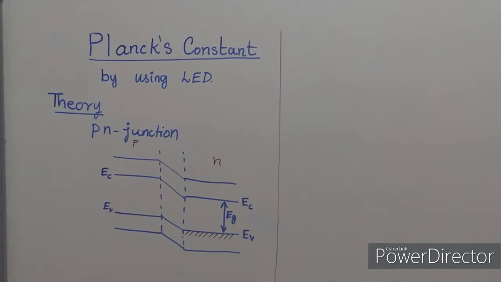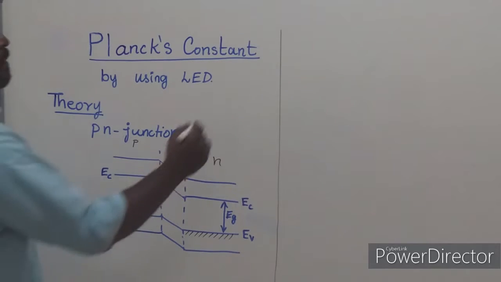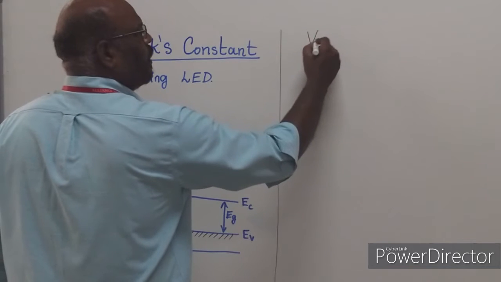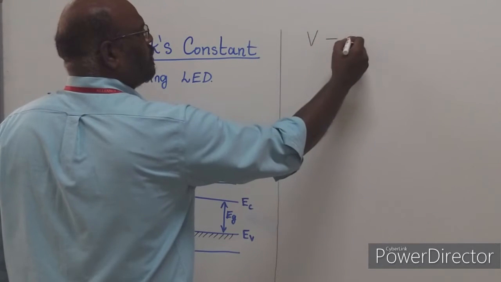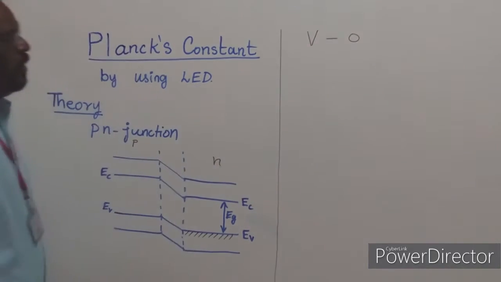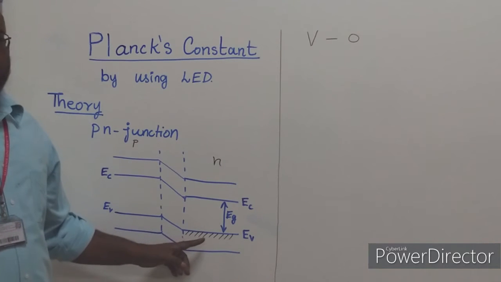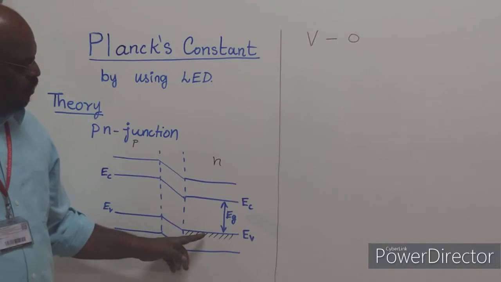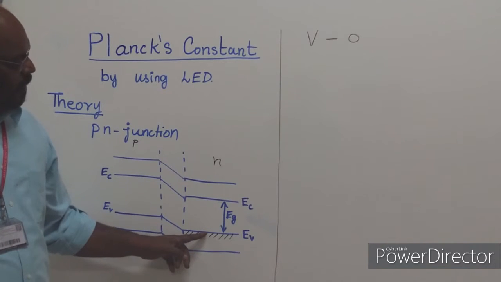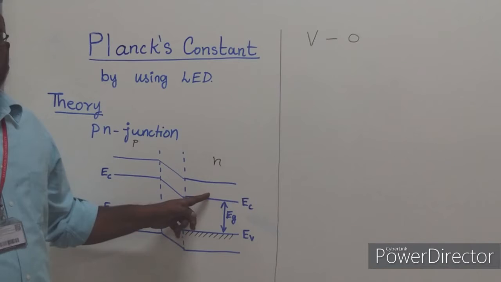Now we are going to apply a voltage across the LED. For example, we apply the voltage V as 0 volt. When the voltage is 0 volt, there is no energy for the electron to move from the valence band to the conduction band.